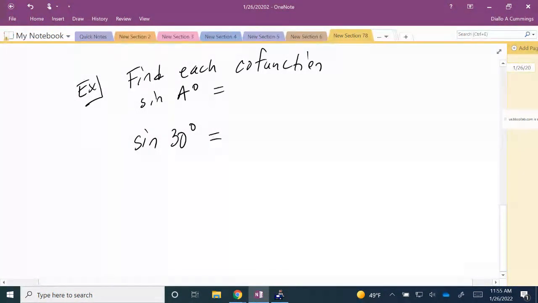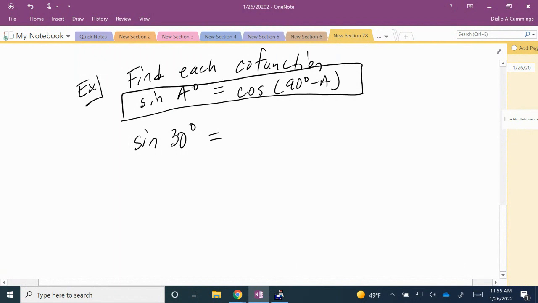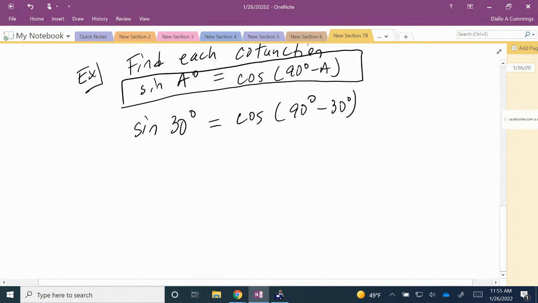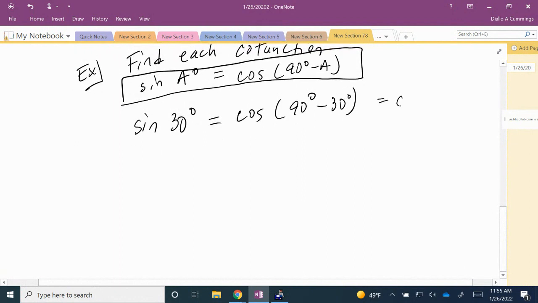So we're going to substitute A for 30 degrees. That's equal to the cosine of 90 degrees minus A. A is 30 degrees, so we have the cosine of 60 degrees. So the sine of 30 degrees is equal to the cosine of 60 degrees.